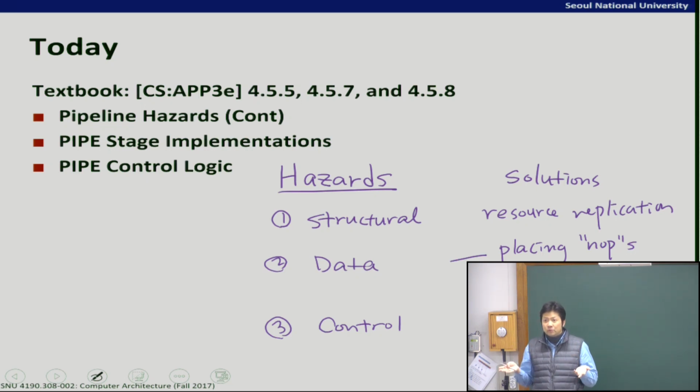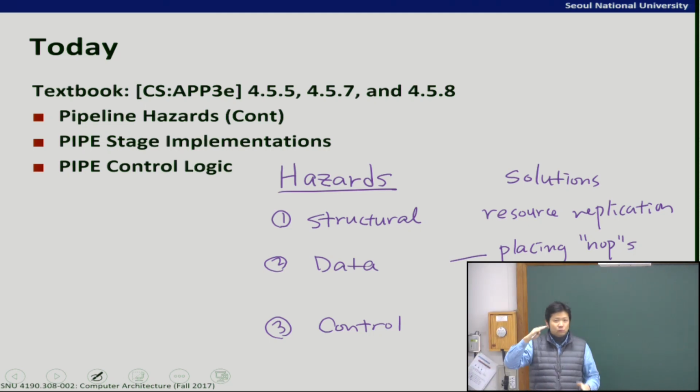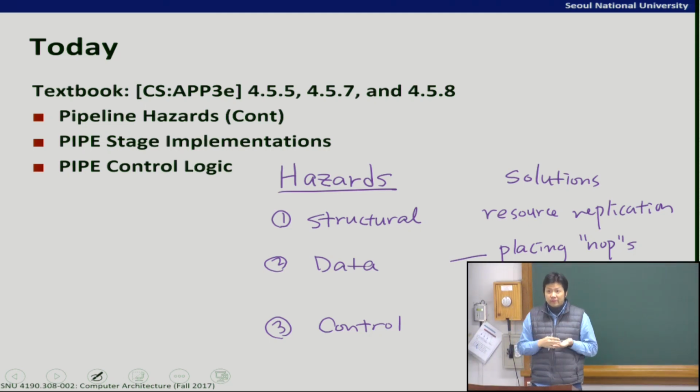Then this hazard goes away, right? That's actually what I did last time. If one instruction produced the data and a second instruction used the data, we put a bunch of nops in between, so that this value is written back to the register file before we read it, right? So that's explicitly placing nops.